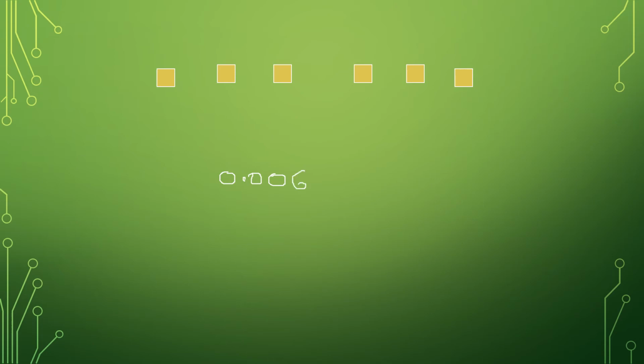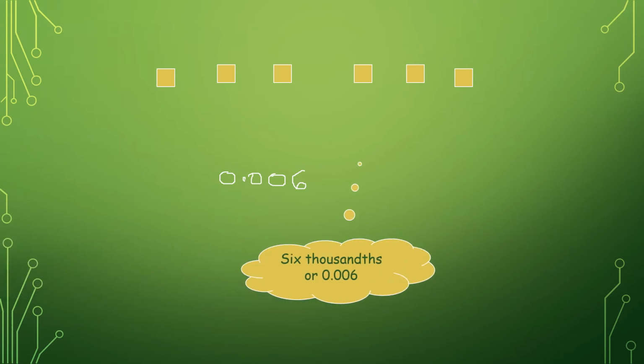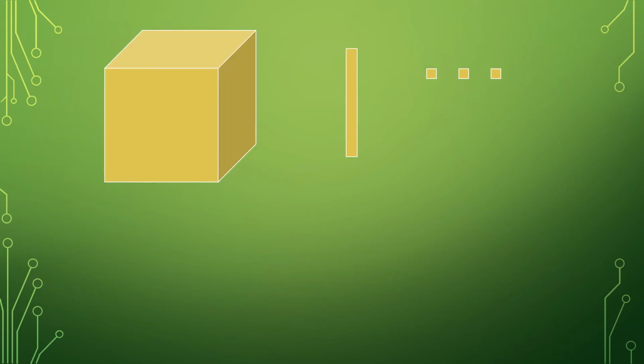So it is 0.006. And if you want to write it in words, it will be written as 6 thousandths or 0.006. Let's see this one now.